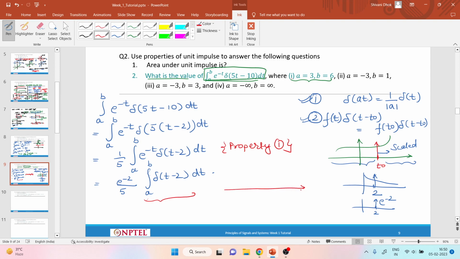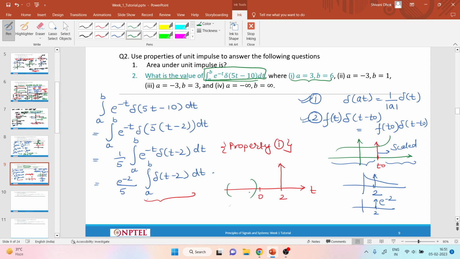So what we are having is, this is t, this is 0, and we are having an impulse at t equal to 2, which is something like this. Now suppose my integration limits are here. If I am integrating over this region, my impulse is taking a value 0.